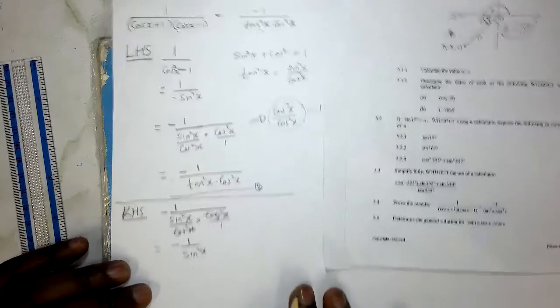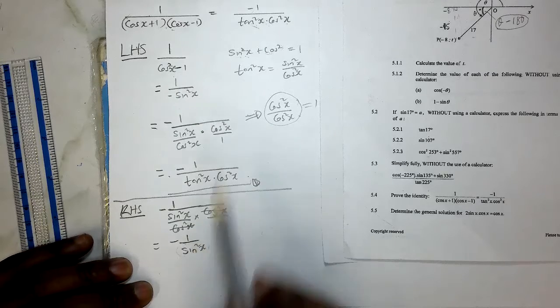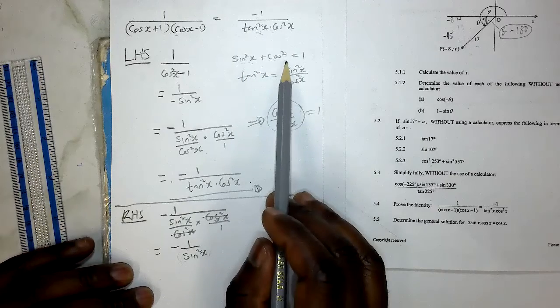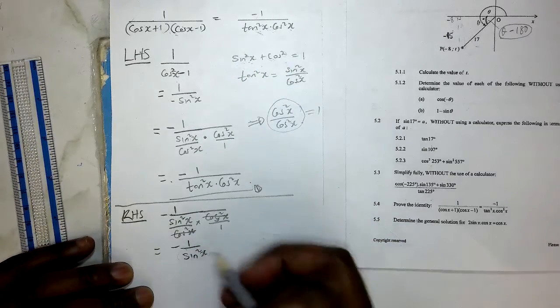And what is sine squared x? The negative, you're applying it on the sine now. Negative sine squared x goes to cos squared x minus 1.